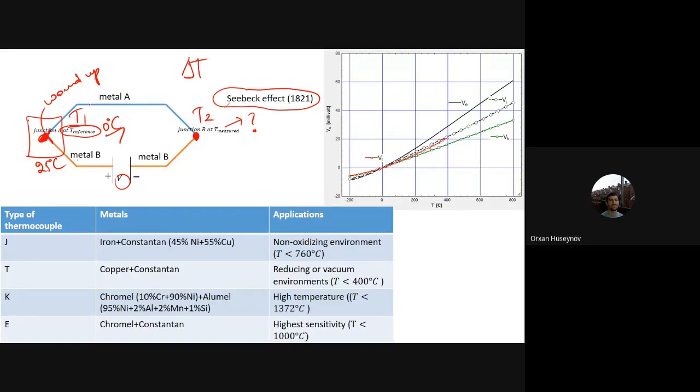Electrons will flow due to the heating effect, because heating means you have moving free electrons. So these electrons move from one side to another side. And as the free electrons move, you will have the voltage difference between these two junctions, or EMF.